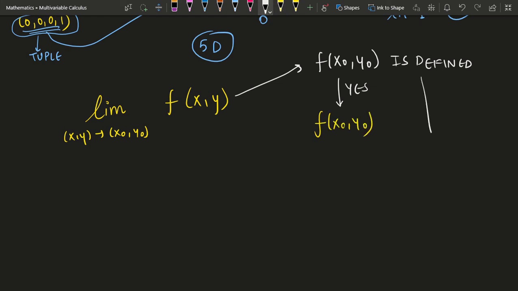Problems arise when this is not defined. If it's not defined, then you need to reduce it, or do something with it. Do any manipulation to get it into a form that's not indeterminate, that's a well-defined number.